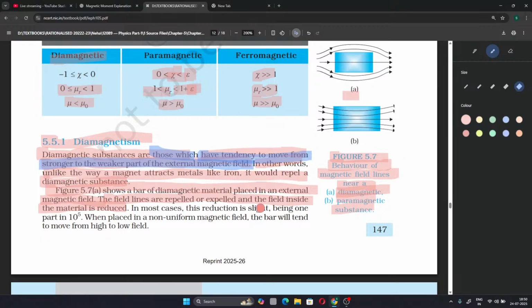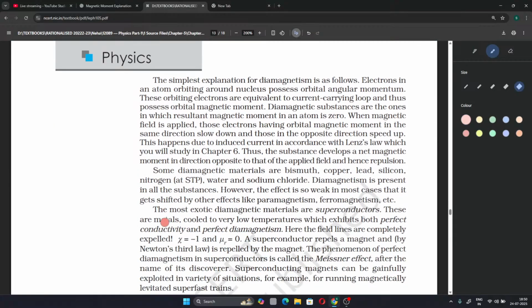In most cases, this reduction is very slight, being 1 part in 10 to the power 5. When placed in a non-uniform magnetic field, the bar will tend to move from high to low field, meaning it is getting repelled.